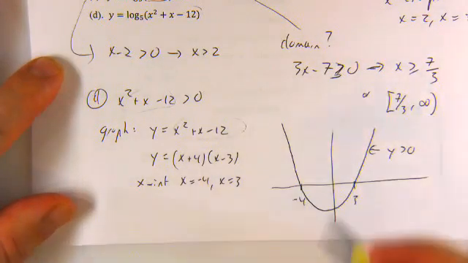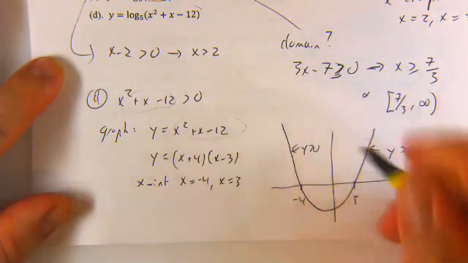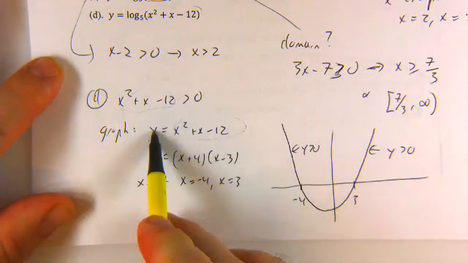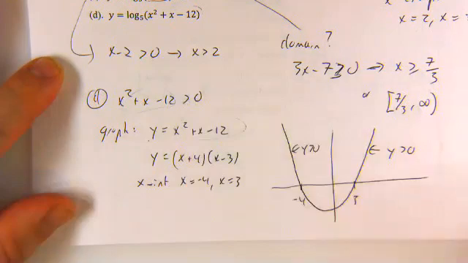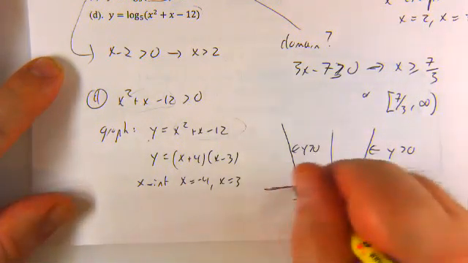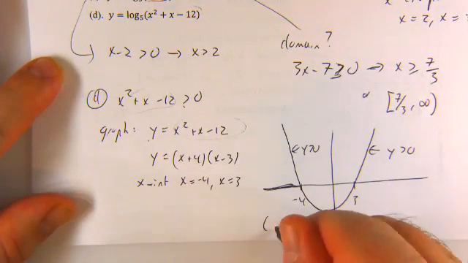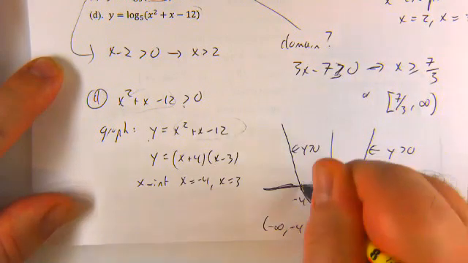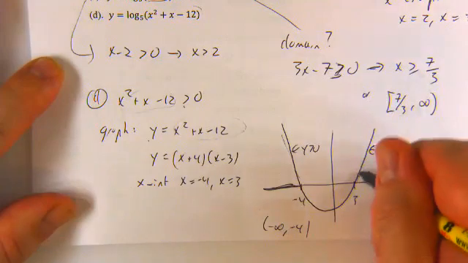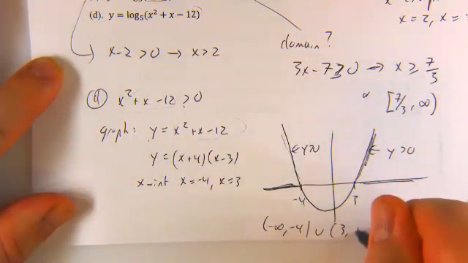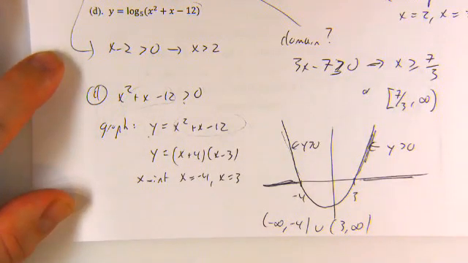And what we're interested in is what parts of this graph are above the x-axis. What y's are bigger than 0? So my domain for this function is minus infinity to minus 4. That's this part of the graph. And then that part of the graph corresponds to x bigger than 3.